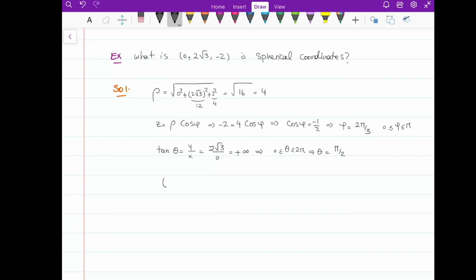So the point (0, 2 root 3, negative 2) basically corresponds to (4, 2 pi over 3, pi over 2) in spherical coordinates. Okay. On the next video, we're going to see how to compute triple integrals in spherical coordinates.